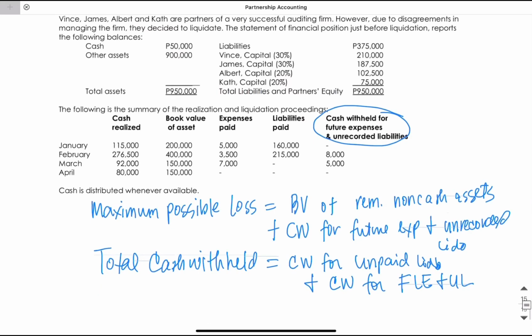Okay, only this one will be included in your maximum possible loss. Cash withheld for unpaid liabilities will not be part of this maximum possible loss.